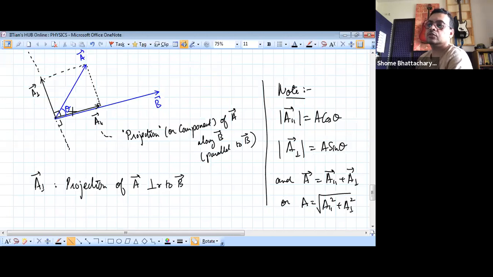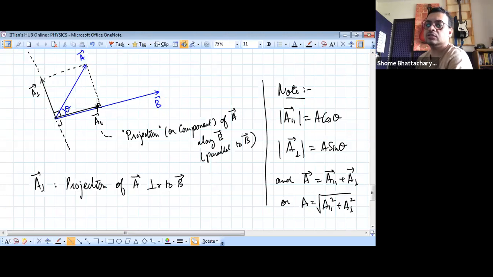So the vector sum of the A parallel vector and the A perpendicular vector is nothing but the vector A itself. Just like Ax i cap plus Ay j cap used to be A when we saw two-dimensional component methods. But here we are not seeing along the x-axis.